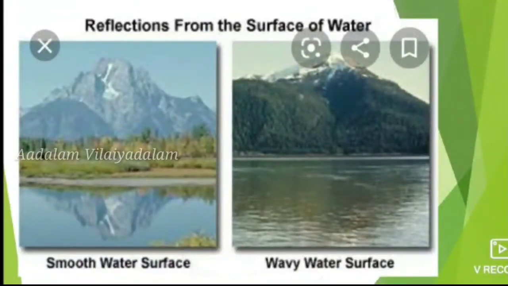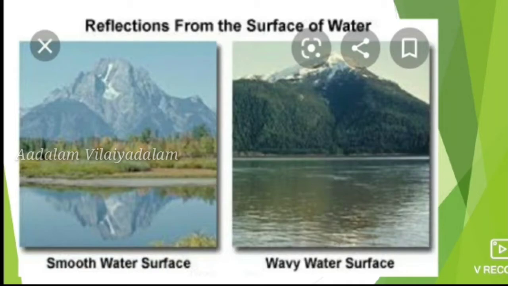So what are the differences between regular and irregular reflection, students? The first one is, in regular reflection the medium or surface is smooth, but in irregular reflection the medium or surface is rough. Second, in regular reflection the reflected rays are parallel to each other, but in irregular reflection the reflected rays are at different angles.